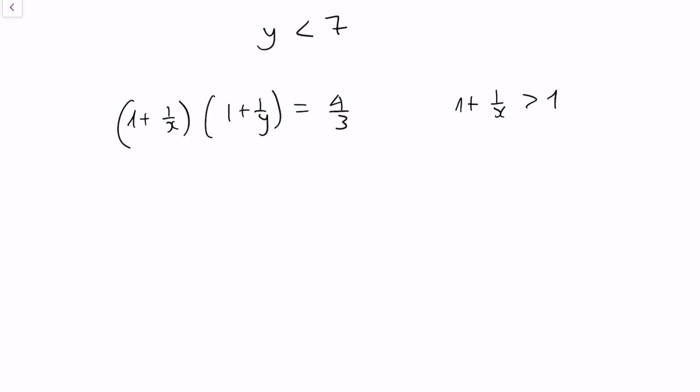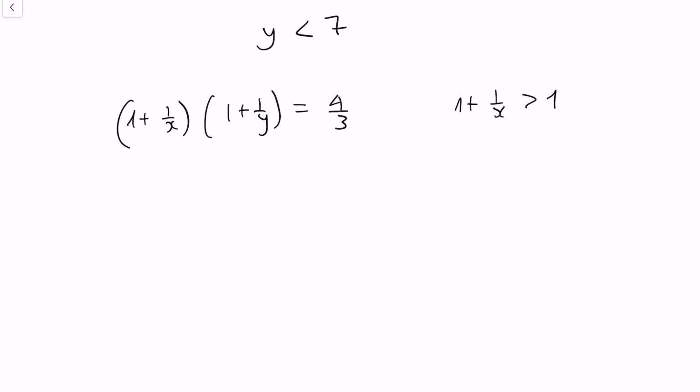But if y is 2, what we will have here is 3 over 2, which is already bigger than 4 over 3. And since 1 plus 1 over x is greater than 1, it's impossible for y to be 2, right? In other words, we must have 1 plus 1 over y less than 4 over 3, because we're multiplying with something that is greater than 1, which is 1 plus 1 over x.